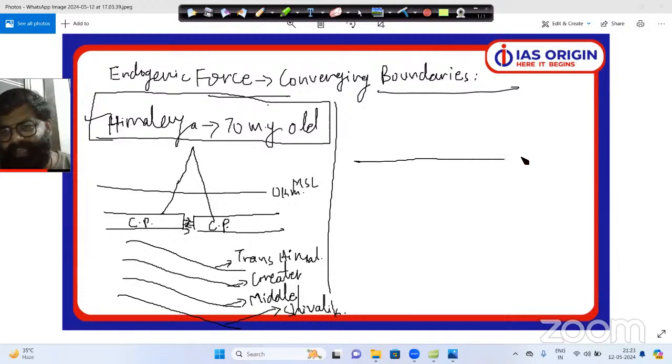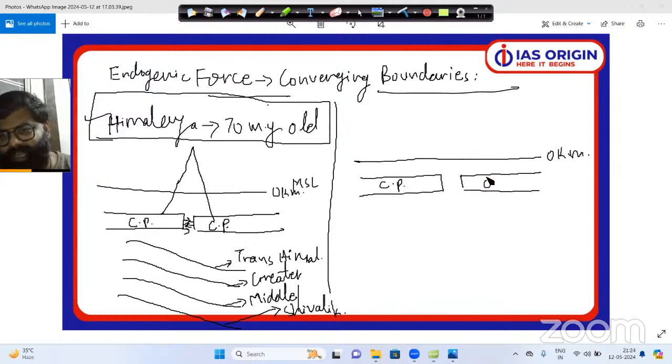Now let us take this 0 kilometer and mean sea level again, and if you see two different plates having convergence with each other, let's say a continental plate at one side and an oceanic plate at the other side. But now these two plates will not make a fold mountain here, because your continental plate is made up of granite and your oceanic plate is made up of basalt.